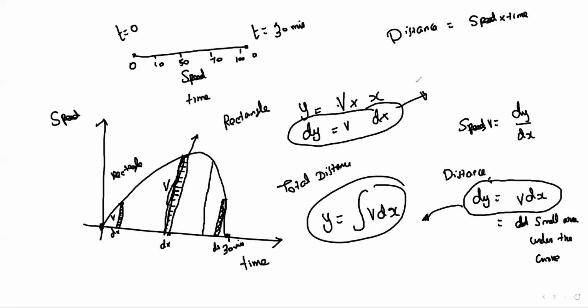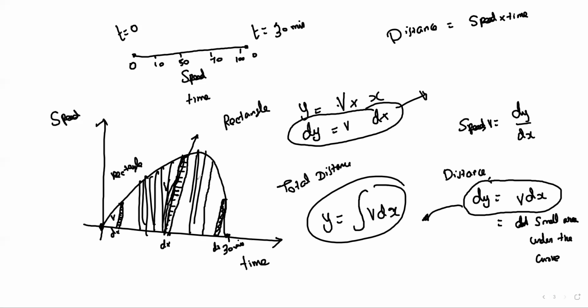Each v dx denotes a different small area, and each area denotes a small distance. If you add all those distances, you will get the total area under the curve.